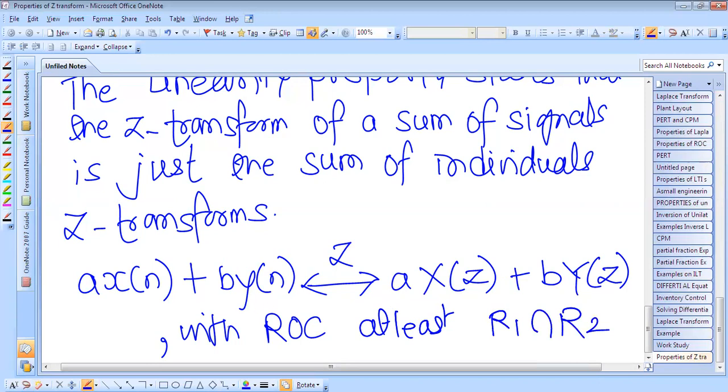So the ROC is the intersection of the individual ROCs, because the Z transform of the sum is valid whenever both x of Z and y of Z converge.